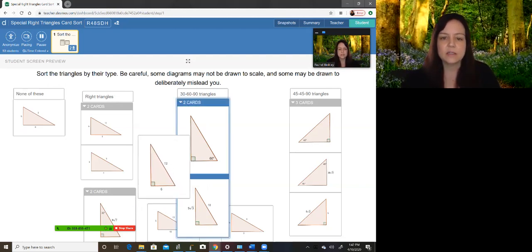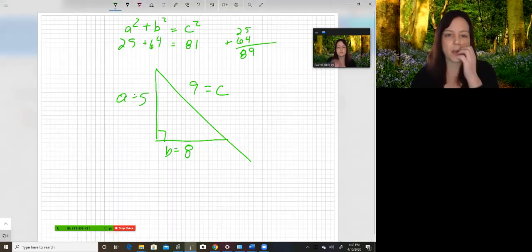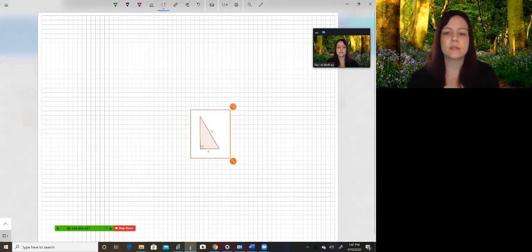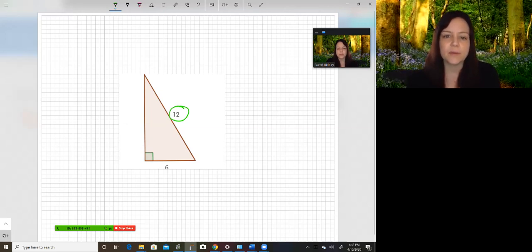And this one looks like it is going to be a 30, 60, 90, because if my hypotenuse, which is across from my right angle, is 12, and the shortest side is 6, and we have a 90-degree angle, then it meets all the criteria, and this side would just be 6 root 2.